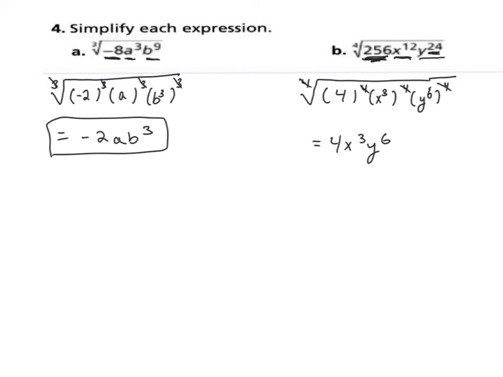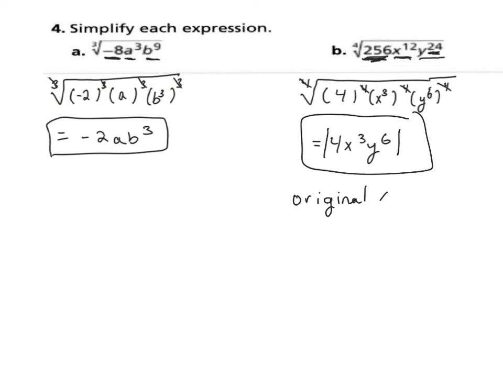Now I know I mentioned absolute value before. One reason we're going to put an absolute value here is because the original x term was even, okay? It was x to the 12th, so it was even, so it had to be positive, right?